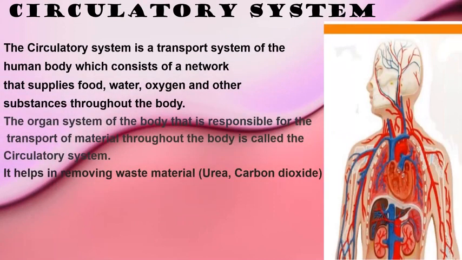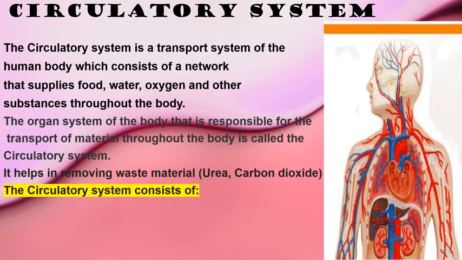The circulatory system is a transport system of the human body which consists of a network that supplies food, water, oxygen, and other substances throughout the body. The organ system of the body that is responsible for the transport of material throughout the body is called the circulatory system. It helps in removing waste material like urea and carbon dioxide.